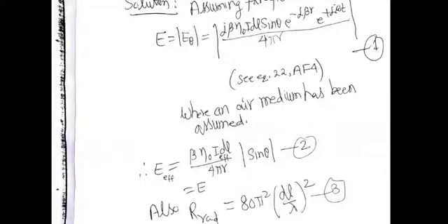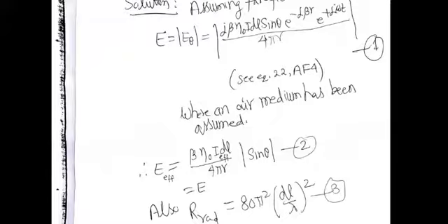And if I take the effective or RMS value on both sides, then I would be replaced by I effective. And if I take the effective value, you know that I have called it E when defining the Poynting vector. So E is simply beta eta naught I effective dl divided by 4 pi r and the entire thing multiplied by sine theta.